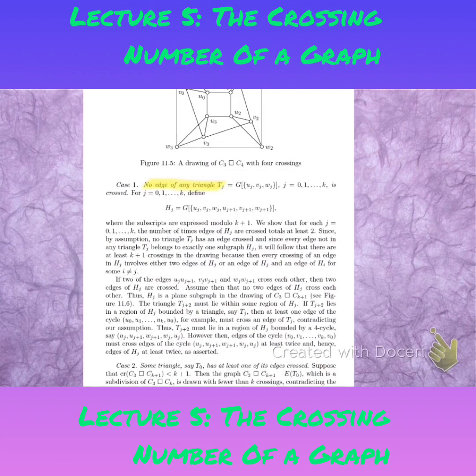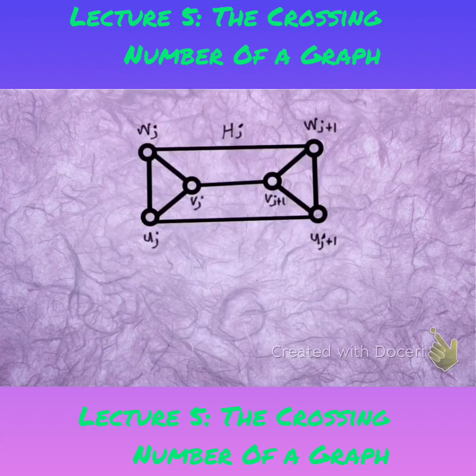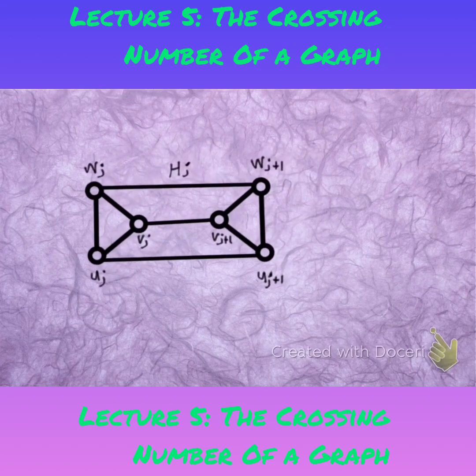So what they now do is consider a certain section of the graph. They consider this WJ. They take the jth triangle, and then they look at the triangle that comes after it, call it J plus 1, and they only look at this section.